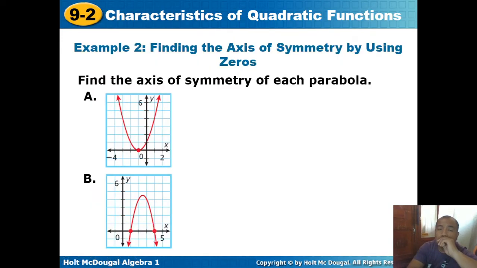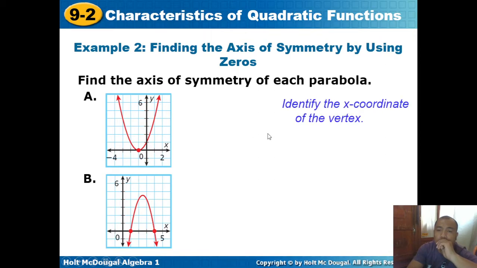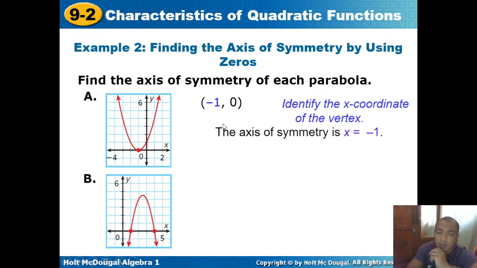Next, finding the axis of symmetry by using zeros. Find the axis of symmetry of each parabola. Letter A. First, identify the x-coordinate of the vertex, or identify h of the vertex. (Negative 1, 0). So therefore, the axis of symmetry is x equals negative 1. How about B?